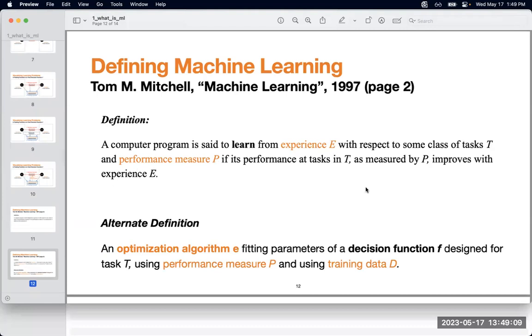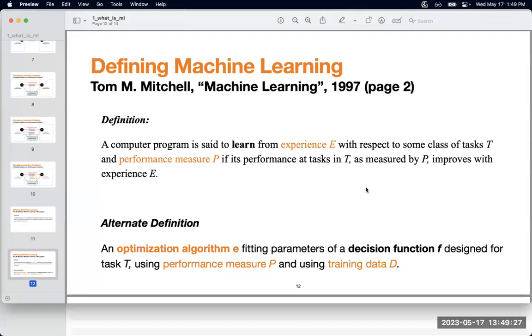An alternative definition that I actually like a little bit better is that a learning problem can be thought of as an optimization problem. So now we use the framework of optimization, meaning that we want to optimize some values, some variables, some parameters.